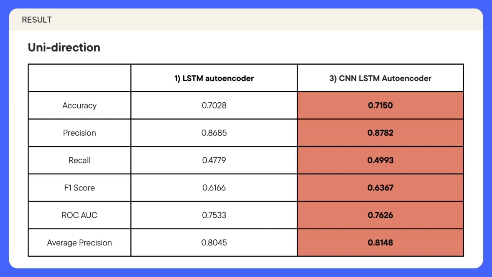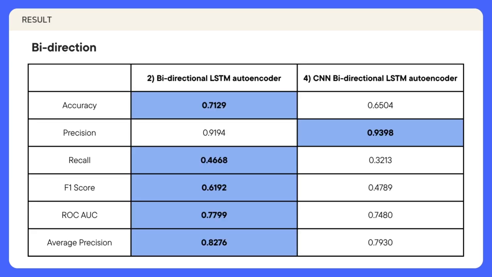When we compare the unidirectional models, the CNN-enhanced version indeed outperforms the plain LSTM autoencoder as expected. Moving on to the bidirectional models, we find that, contrary to expectation, the version with the CNN layer performs worse overall than the plain bidirectional LSTM autoencoder.